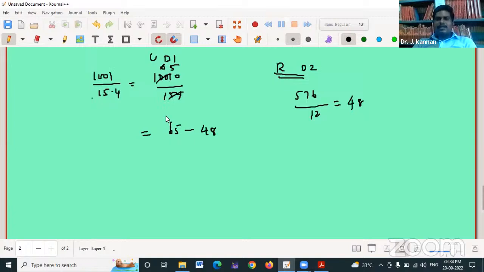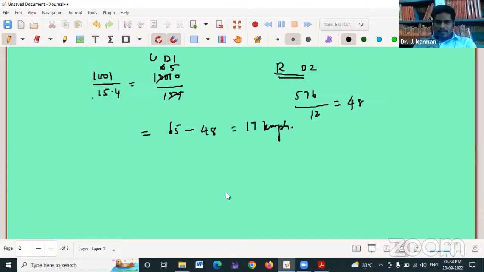So this is vehicle U in day 1, the speed of the vehicle U, and this is the speed of R in day 2. So the difference between the vehicle U in day 1 and vehicle R in day 2, the answer is 17 kilometer per hour.